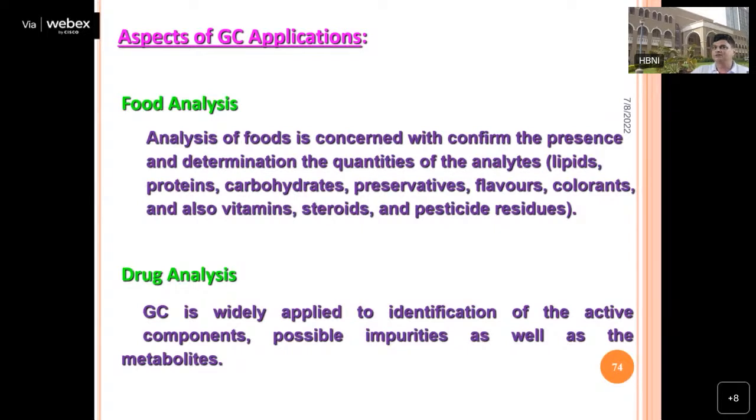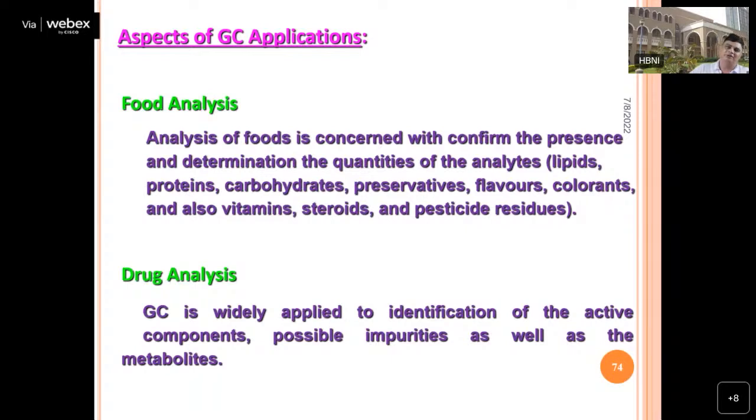In food analysis, we are concerned with confirming the presence and determining the quantity of analytes like lipids, proteins, carbohydrates, preservatives, flavors, colorants, and also vitamins, steroids, and pesticides. All those things can be done using gas chromatography.